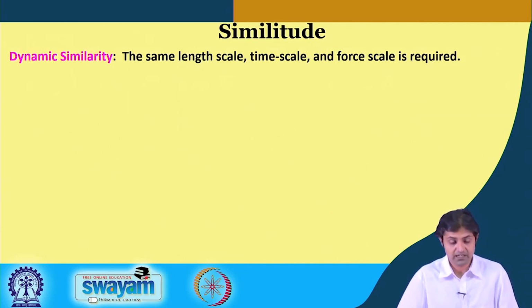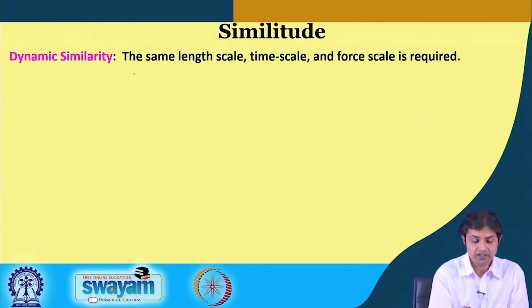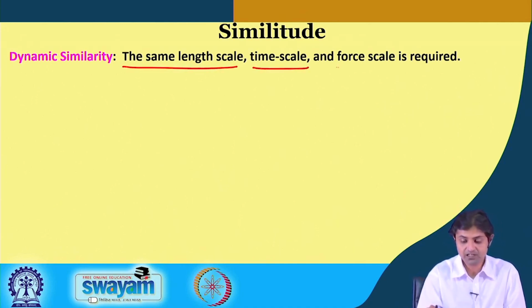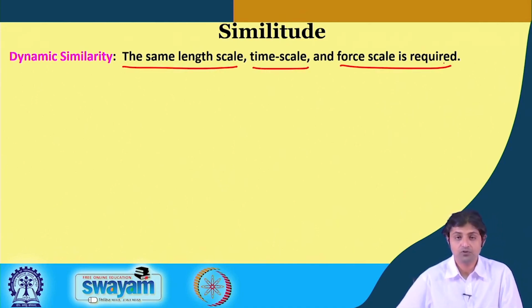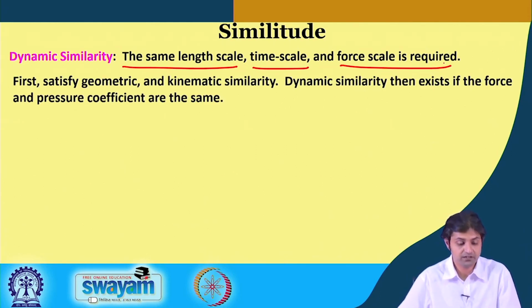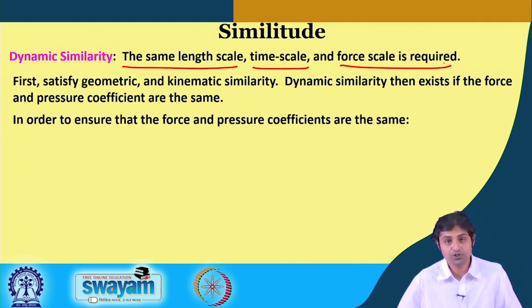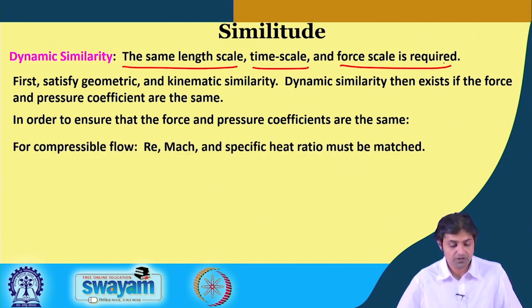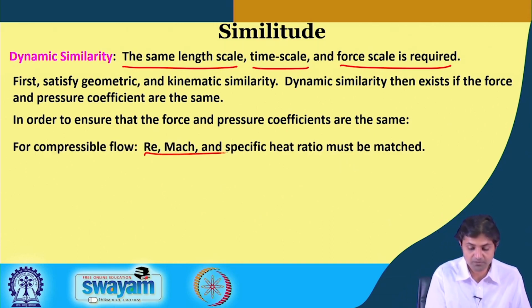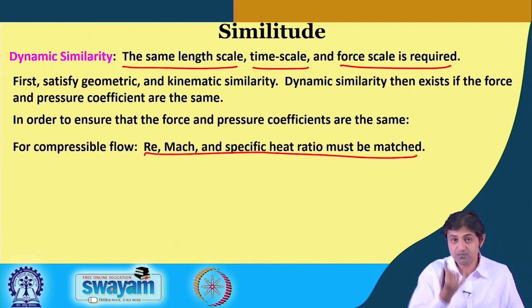Now, the dynamic similarity. In dynamic similarity we have the same length scale, time scale and force scale. All 3 scales are required to have dynamic similarity. First, satisfy the geometric and kinematic similarity, correct, and then dynamic similarity exists if the force and pressure coefficients are the same. To ensure this, for example, in compressible flow, Reynolds number, Mach number and specific heat ratio must be matched.